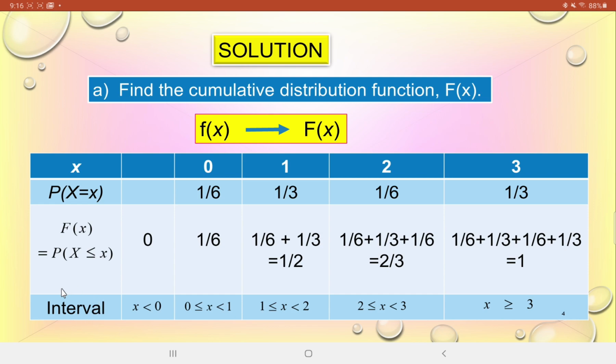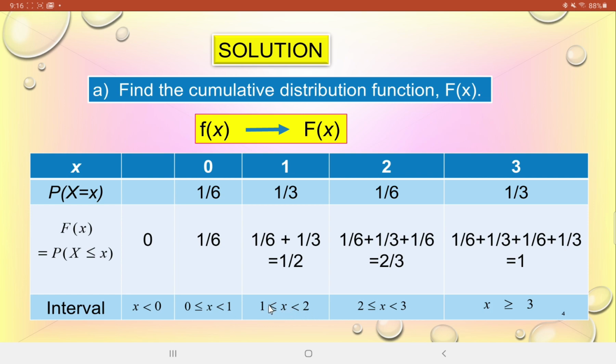The last row is the interval. The first interval is x less than 0. Why? Because 0 is the first value of x. The next interval will be x more than or equal to 0, less than 1. We put the equal sign for 0 because this column is for x equals 0. We do the same thing for the next interval. Next interval, x more than or equal to 1, less than 2.